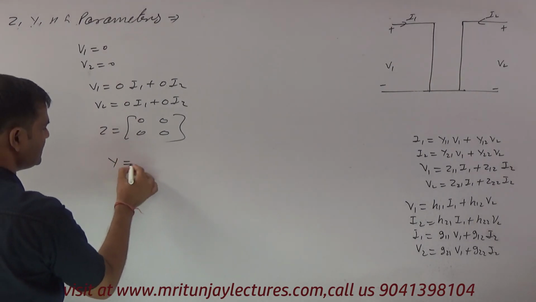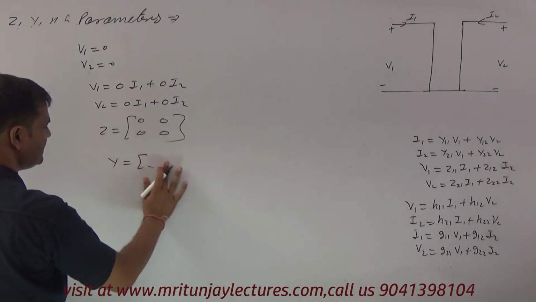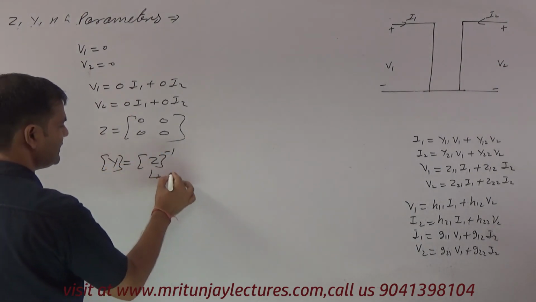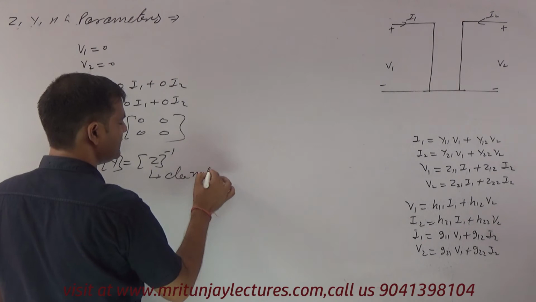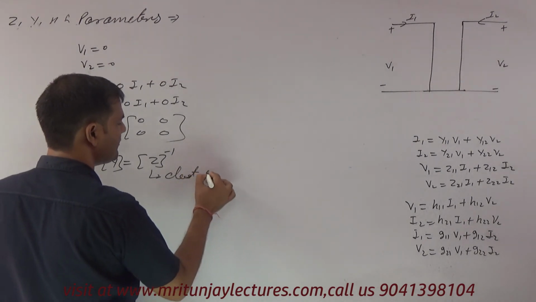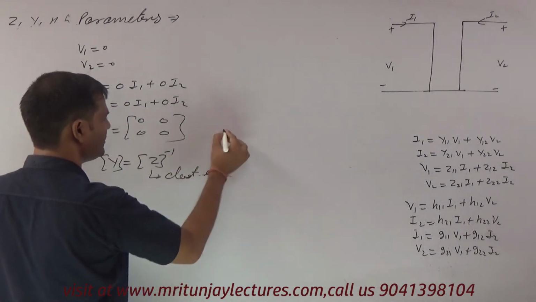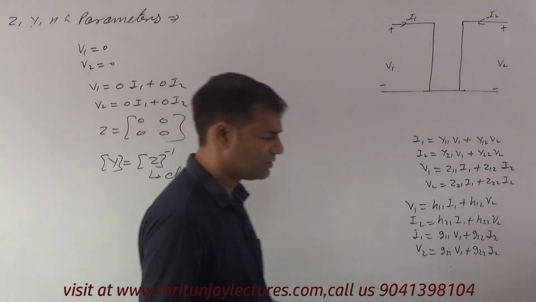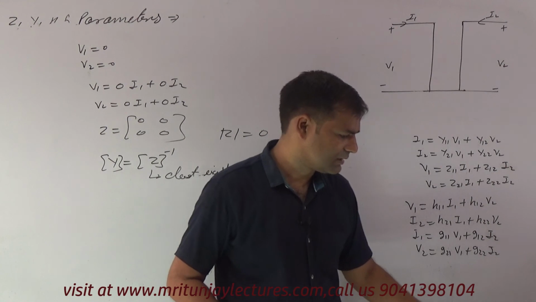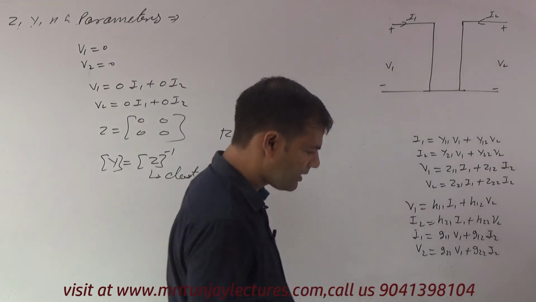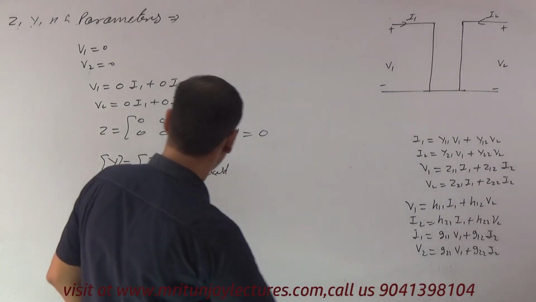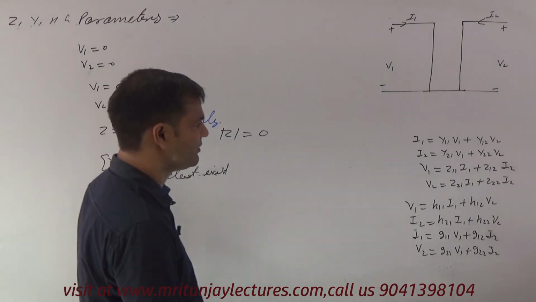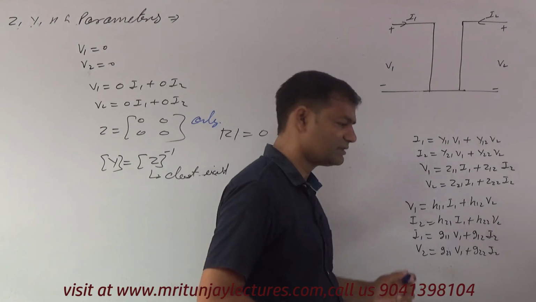It does not exist because that is the inverse of Z. Clear? Why? Because mod Z is equal to 0. So only the Z parameter exists, not for this one and this one.